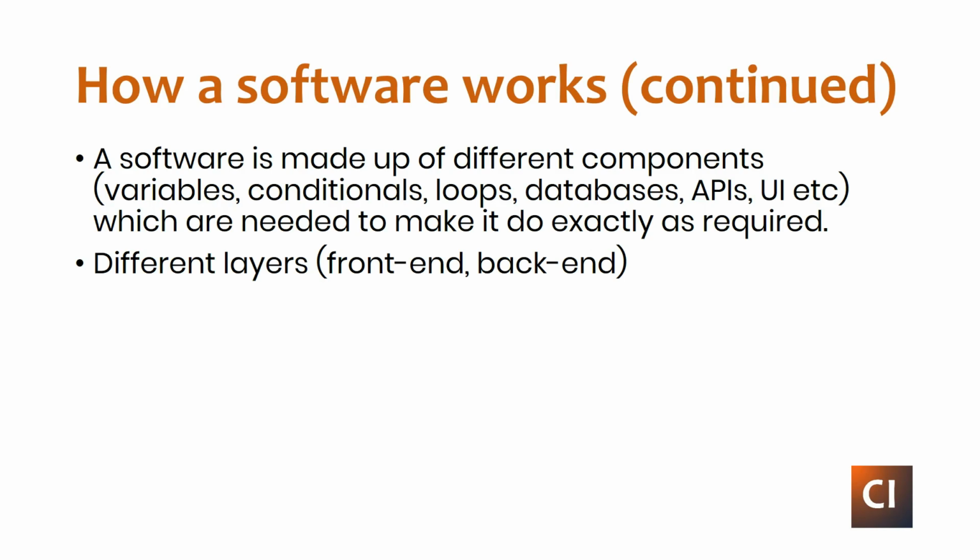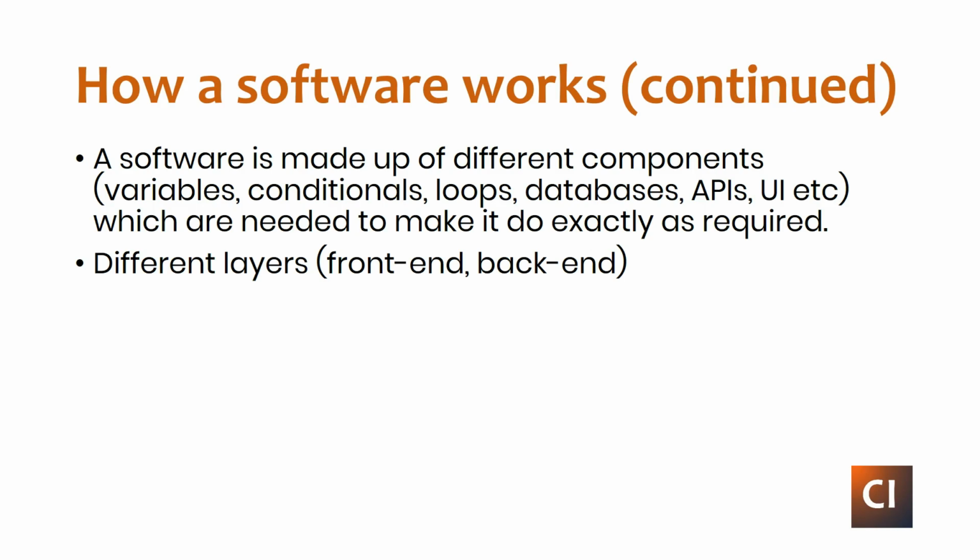There are layers, right? You usually hear front end, back end. Front end usually means what the user sees, right? Usually the back end, the user doesn't know what's going on in the back end. So the part of the software that the user interacts with is usually called the front end. Okay, the instructions used to develop the front end are different from the instructions used to develop the back end, right?